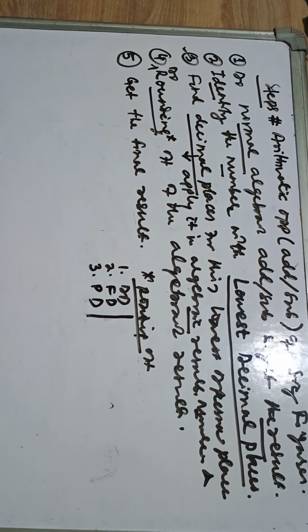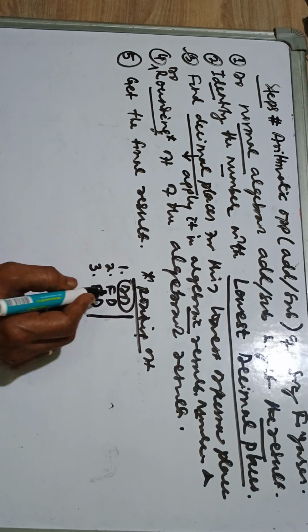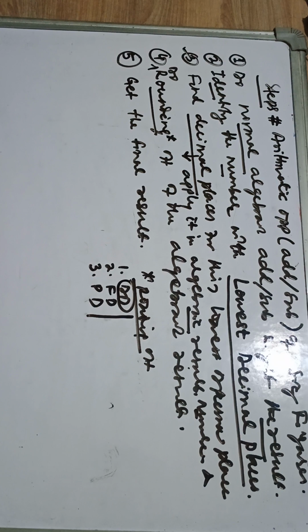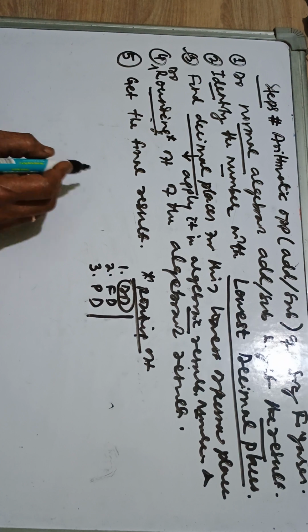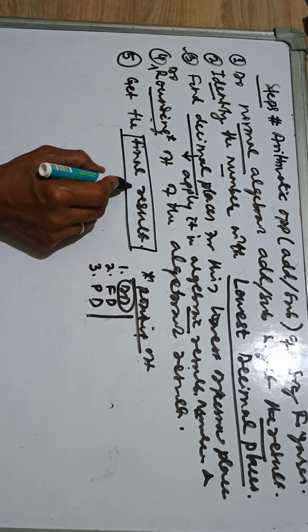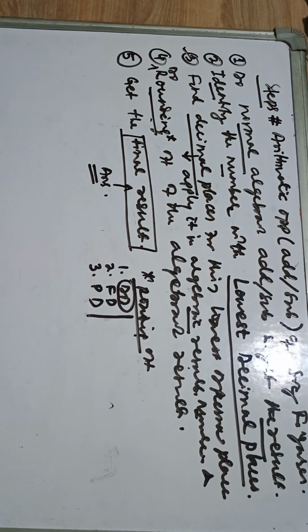All these digits will be identified once the dropped digit is identified in that algebraic result. Once rounding off is done, then we will get the final result or final answer. This is the answer for the questions.